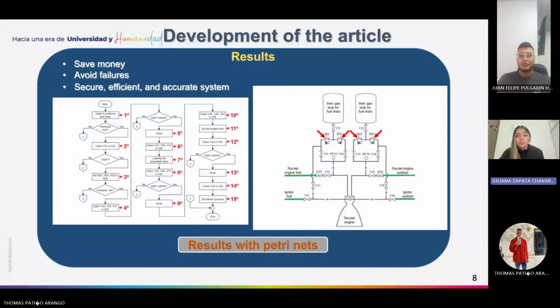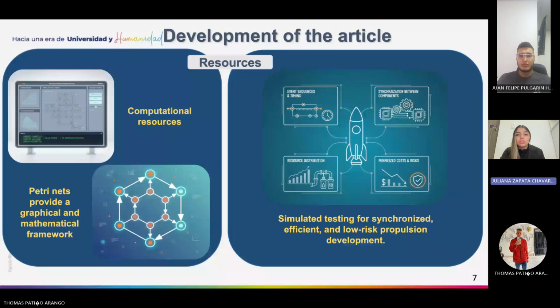The right image shows how the simulation helps in the synchronized and efficient development of the rocket propulsion system. In conclusion, this part of the article shows how Petri nets and computer simulation can model and test complex systems like this one in a safe and effective way. Next.